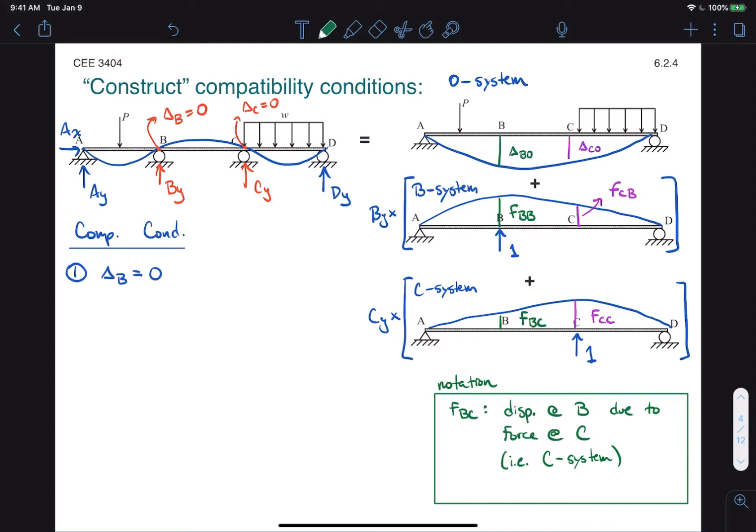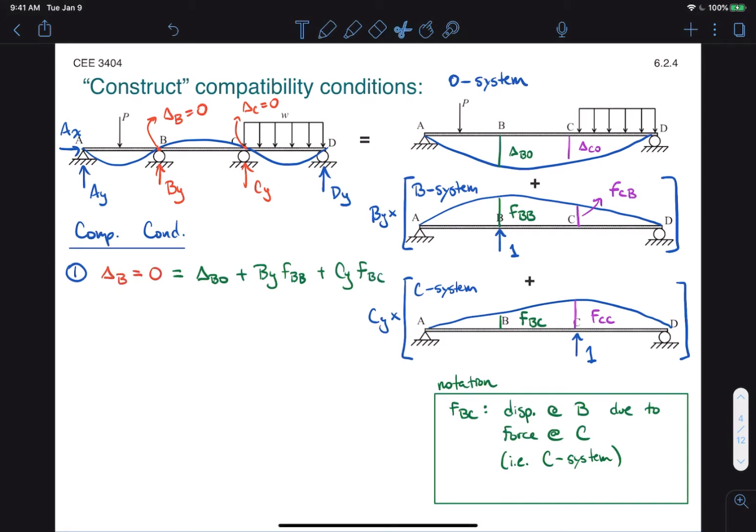So for delta B, we want the sum of all the green terms. So we have delta B0 plus By times FBB. Remember, right, we have to scale the system, plus Cy times FBC.